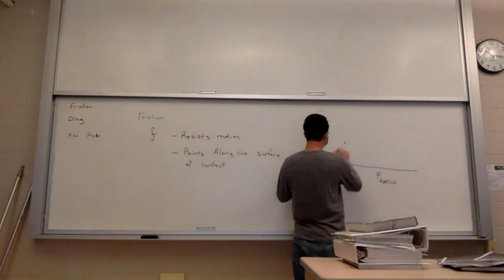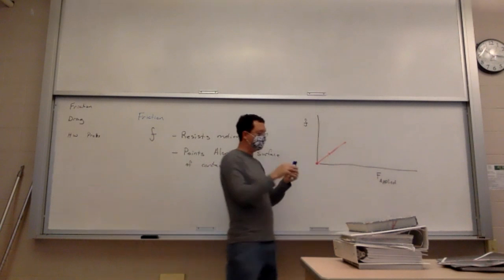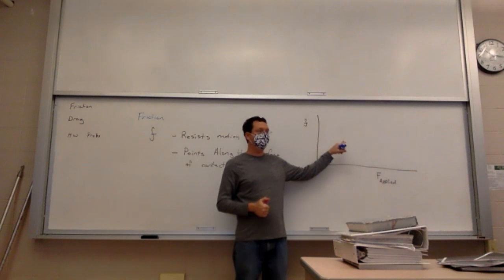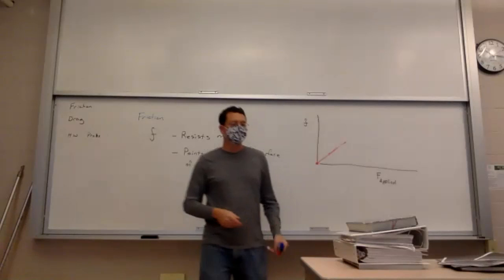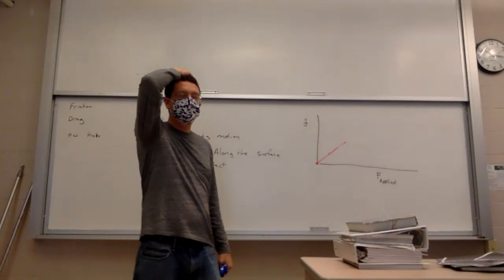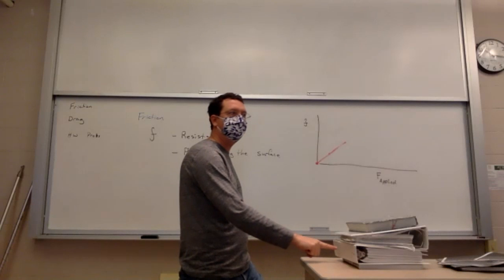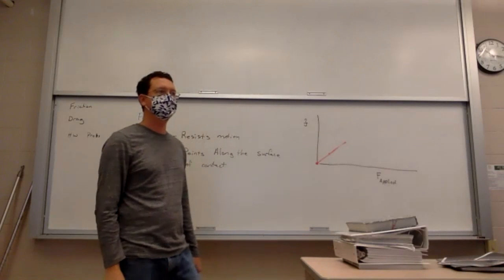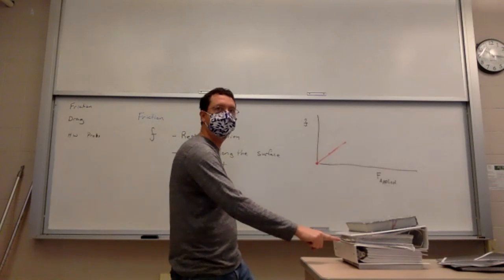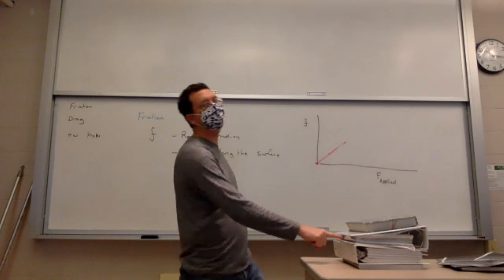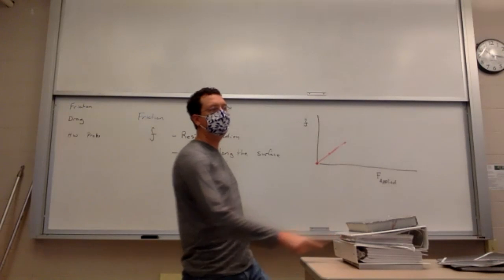In fact, it's 1 to 1. If you drew these with the right scale, it would have slope 1. What would happen if I put in 1 Newton of force and friction generated 2 newtons of force? If I put in 1 and friction generated 2, what would happen to the object?